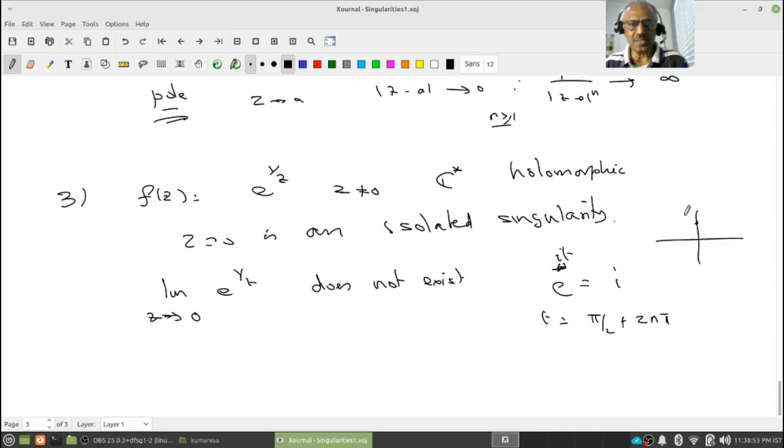So if I look at my z_n equal to 1 by i times (pi by 2 plus 2n pi), then e power 1 by z_n will be e power i pi by 2 plus i 2n pi, which is equal to plus i.